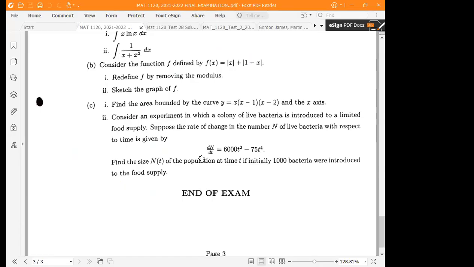So the question is saying dn/dt. Then they are saying find n(t). So for it to be dn/dt, it means n(t) was differentiated to get dn. So if I want n(t), which was differentiated, I must then integrate. So that's how I know that I'll have to integrate it. You see that?